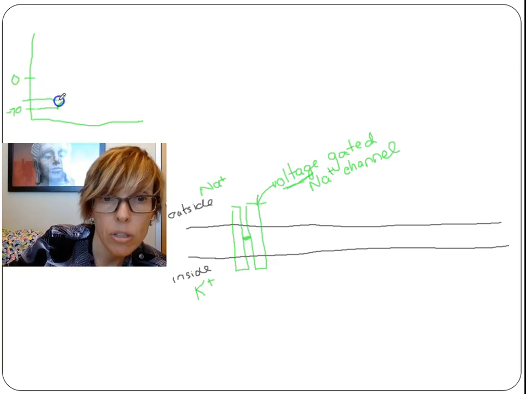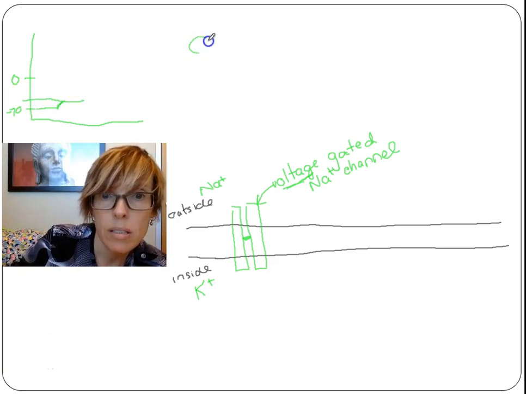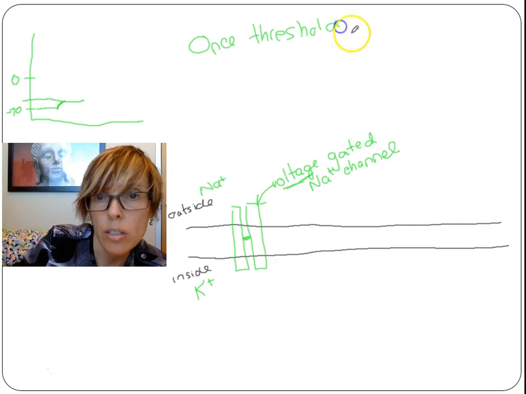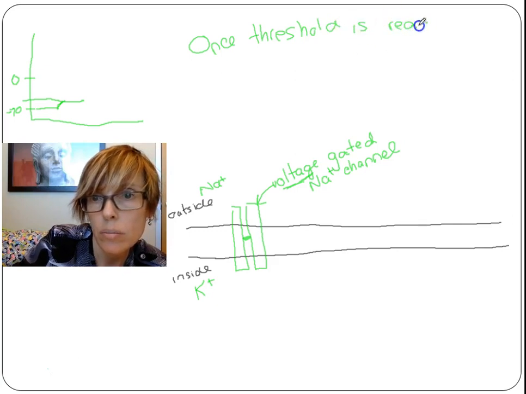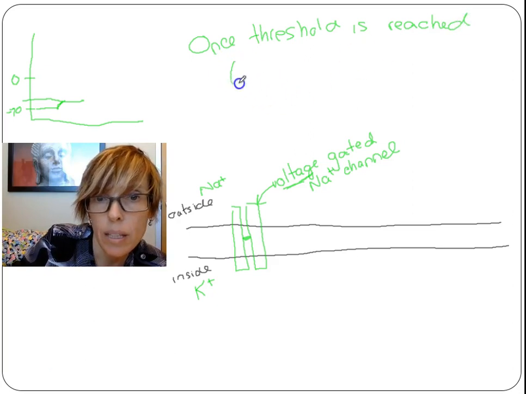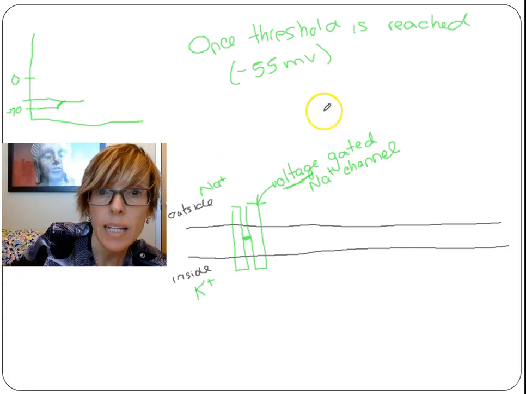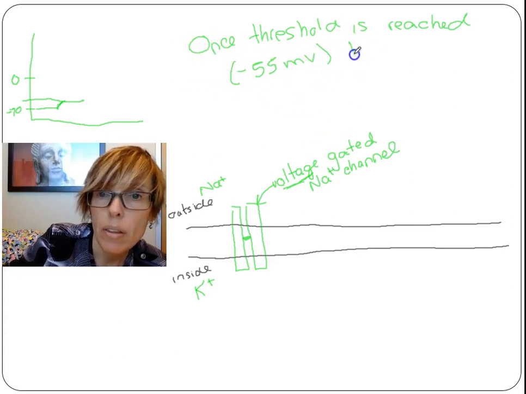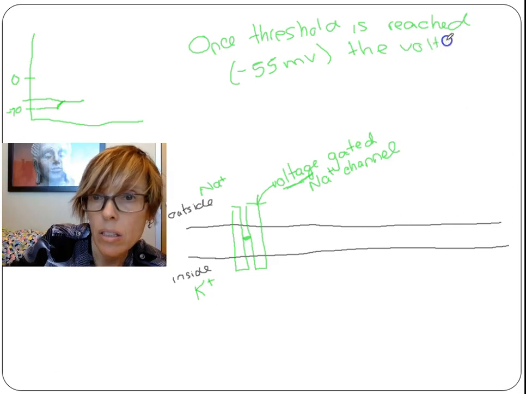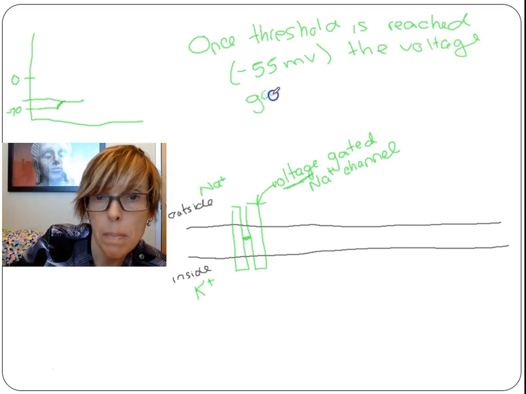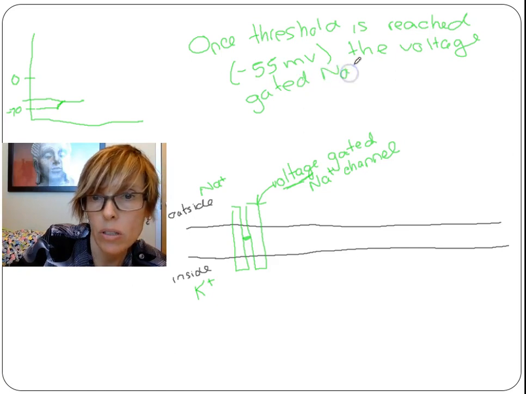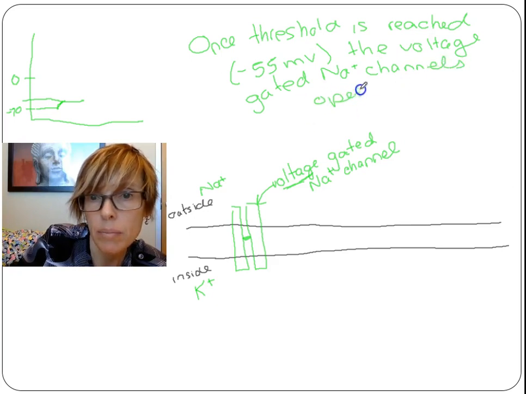But once it hits what's known as a threshold, and threshold in the case of most of our neurons is going to be negative 55 millivolts, once threshold is reached, the voltage gated sodium channels open completely.